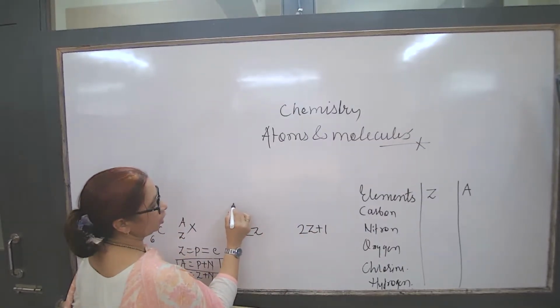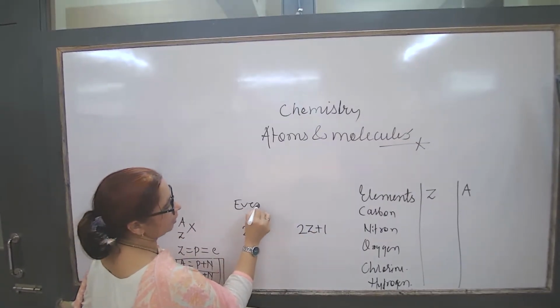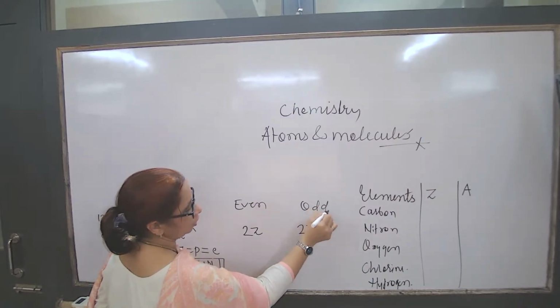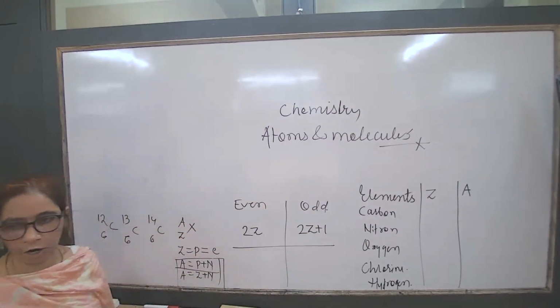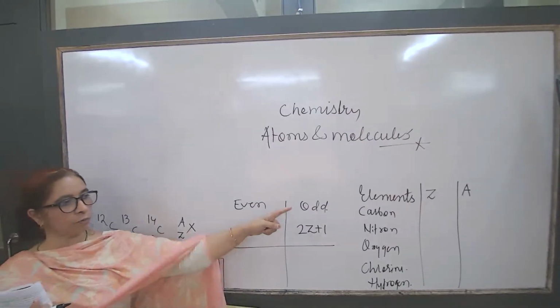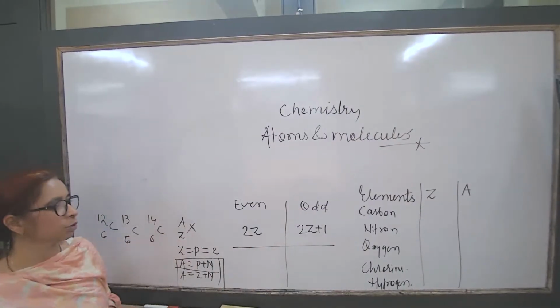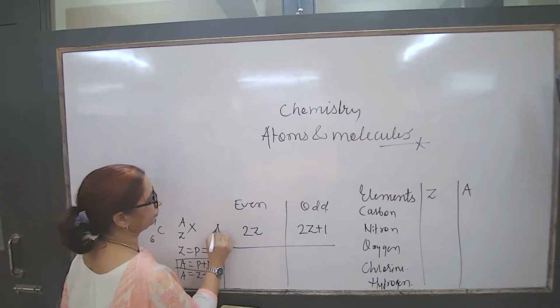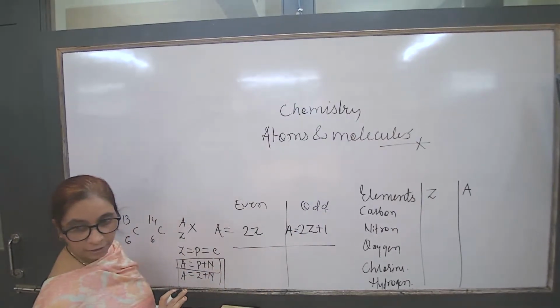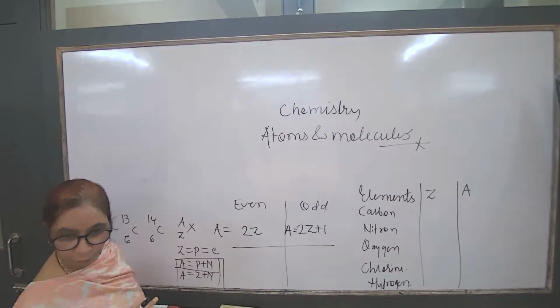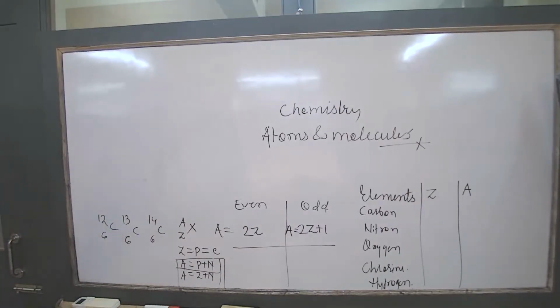This is for even and this is for odd. So find out the atomic number Z value, whether it is even or odd, and according to this formula you can put values. This is for A calculation. But this is rough. You will get a difference for a few elements.